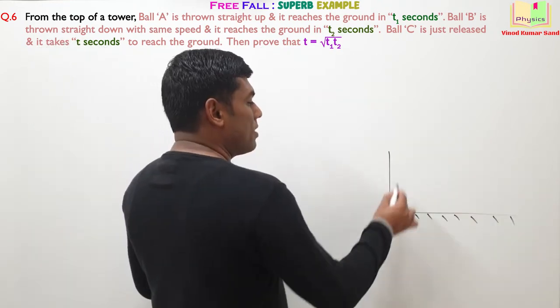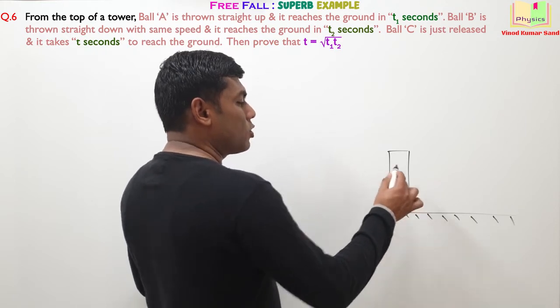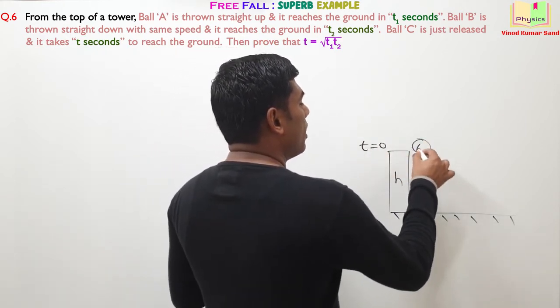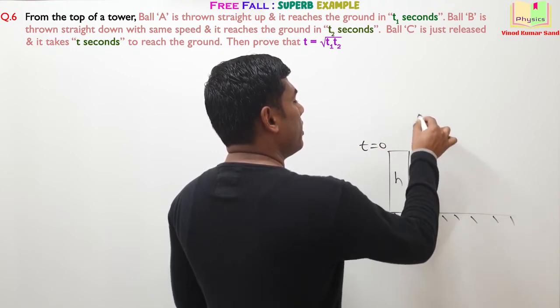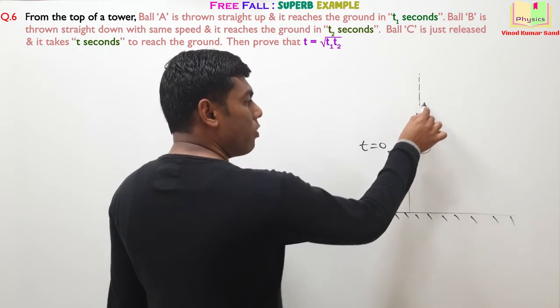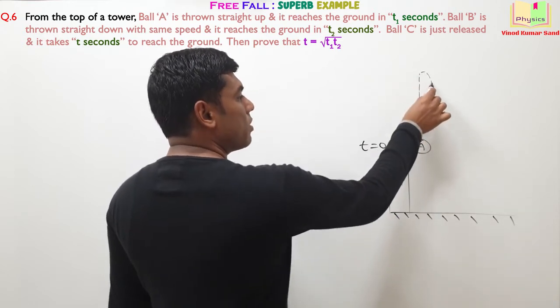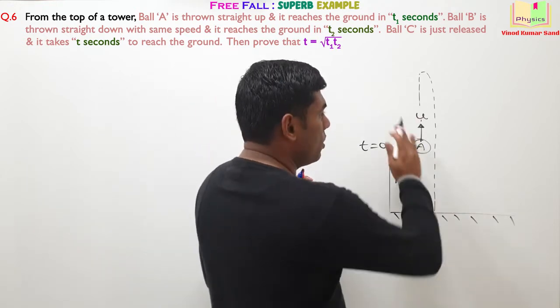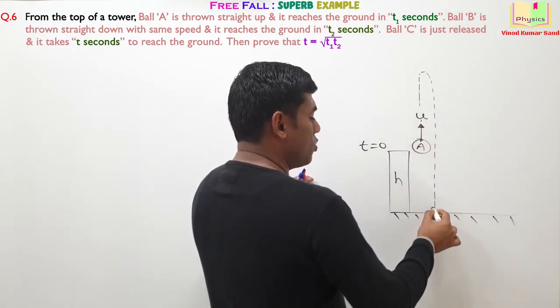Suppose this is a tower of height small h. At t is equal to 0, ball A is thrown straight up with the speed u. It will rise and then it will fall back along the same line, but for sake of simplicity, I am showing the downward motion along a displaced straight line.